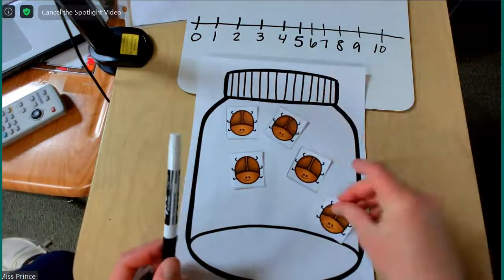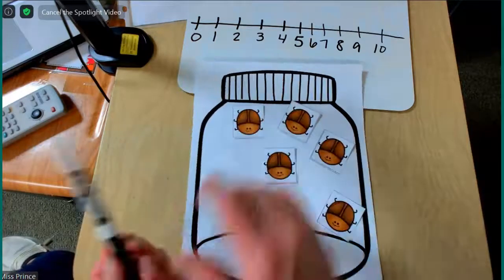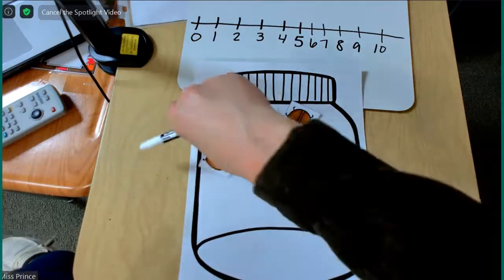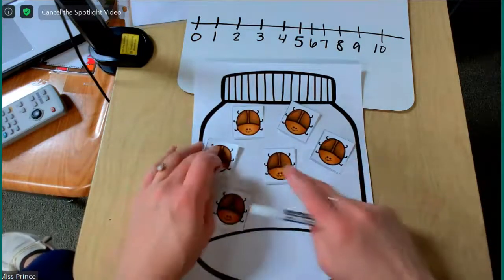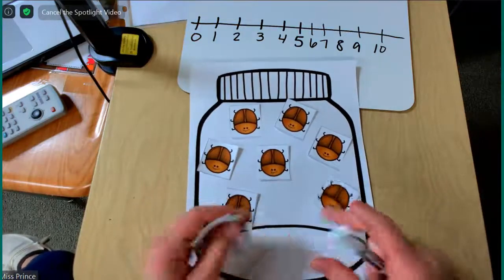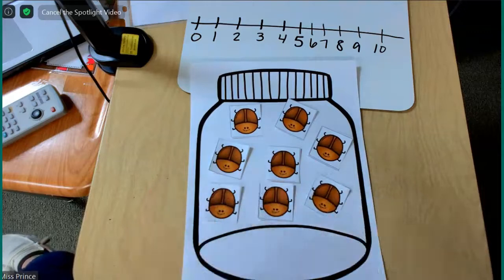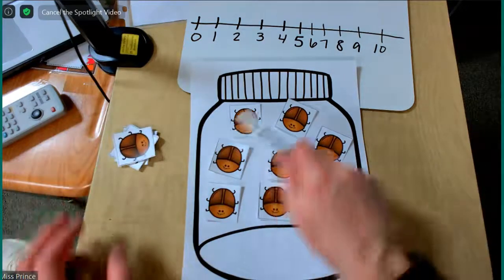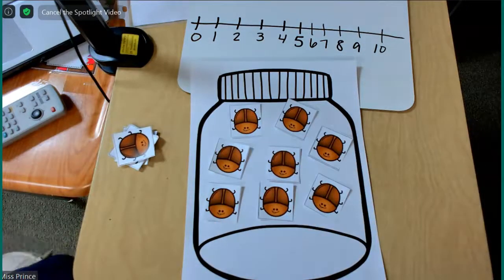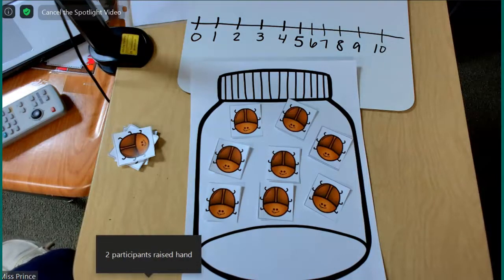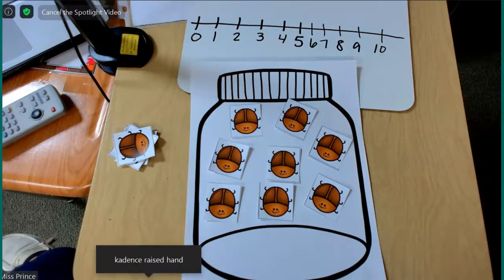All right, another example. I'm going to put this many bugs in the jar. And if you think you know how many, raise your hand. Go ahead and count them. Cadence, how many? 8.